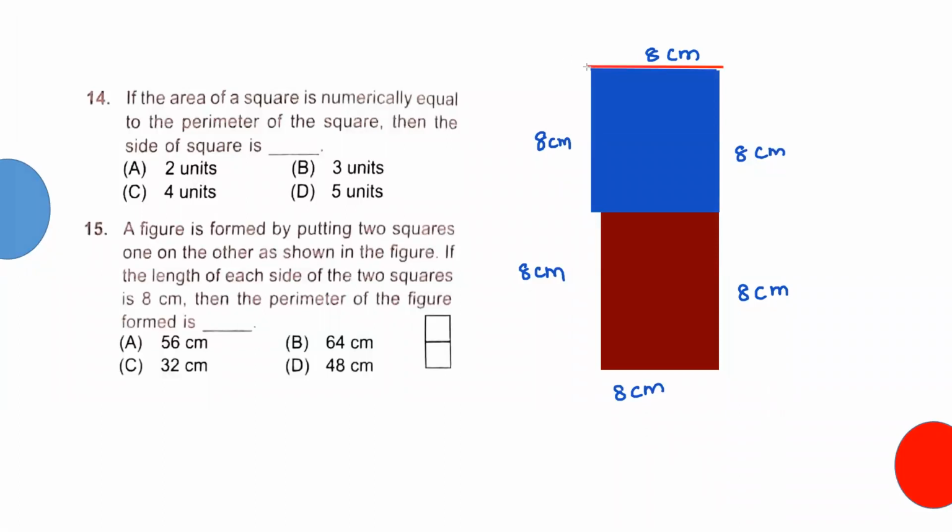When I take the sum of the outer boundary, this is my full square, because I cannot draw it well. This is the only outer boundary. So 1, 2, 3, 4, 5, 6. 8 times 6 is 48. So we get the answer as D. That's it, done. See how easy it is if you understand the question very nicely.